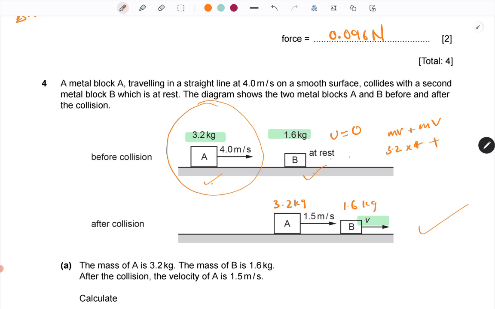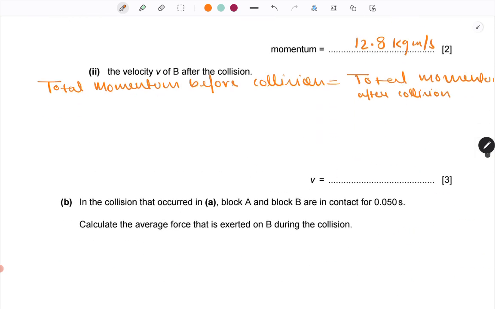For B, mass is 1.6, but the velocity is 0 because the body is at rest. So 3.2 into 4 is 12.8, plus 0. So the momentum before collision is 12.8, which is equal to the total momentum after collision.